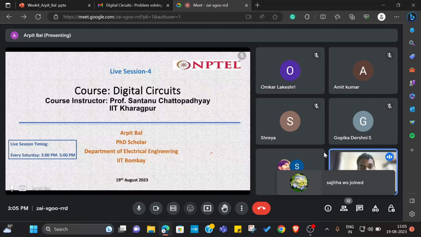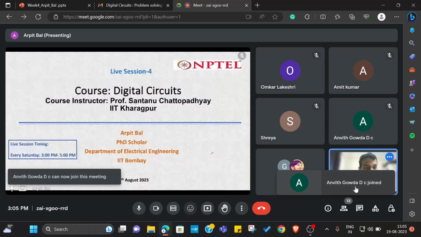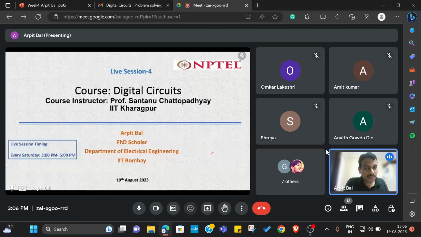So in today's live session, we will do a few problems related to logic gates that were covered in week 4. Before we start, I suggest everyone grab a piece of paper and try to solve along with me. Active learning is anyway better. With this, we can start today's session.